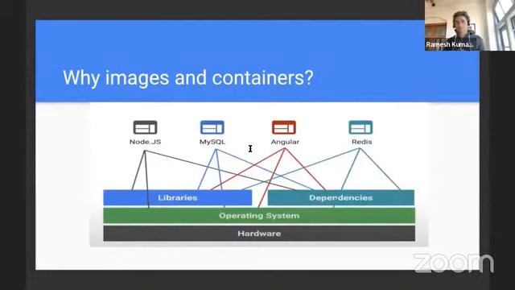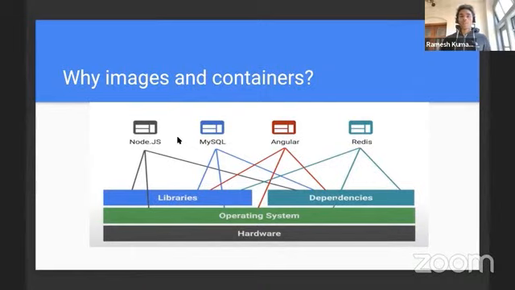There are multiple reasons, but this is one of the major ones. We write so many different kinds of applications to run on a machine. Let's say we have written Node.js, MySQL, Angular, and Redis, and these are all used pretty frequently in our day-to-day production. Now, each one of them, of course, needs different kinds of libraries. They are written in different programming languages, or even if they are written in the same programming language, they would need a different set of dependencies.